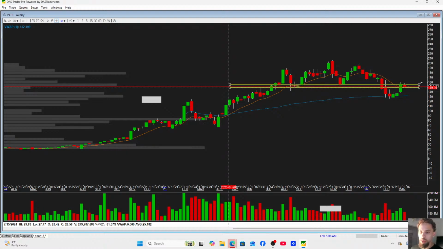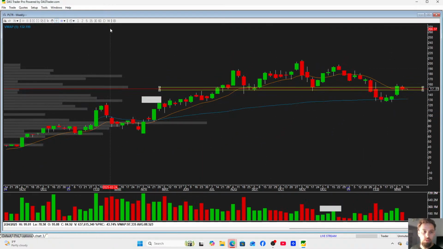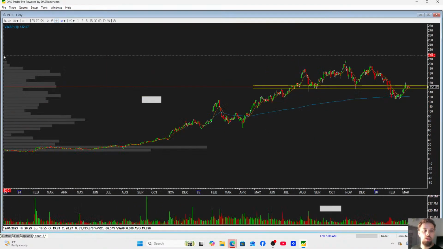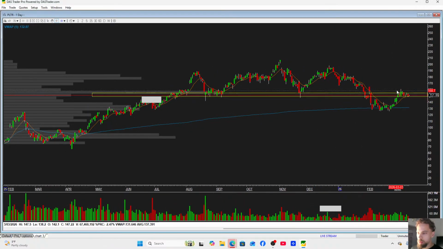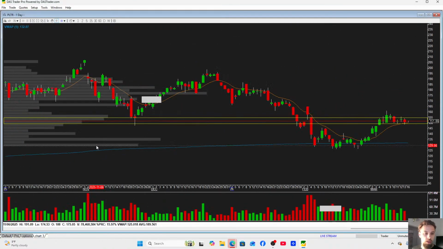I think that's where buyers would step in if they are going long this stock. Let's go to the daily here. See the past couple days, just been consolidating in this range. Lots of liquidity toward the top of that range, so that might be something in play.